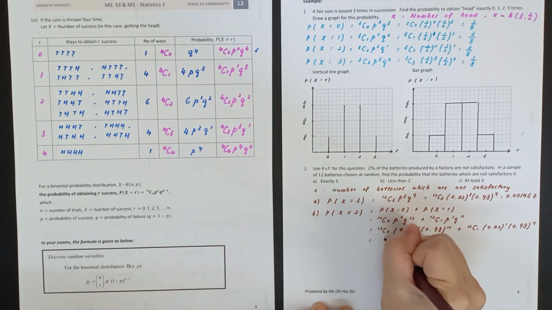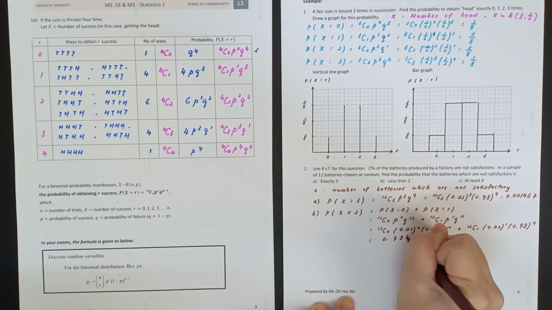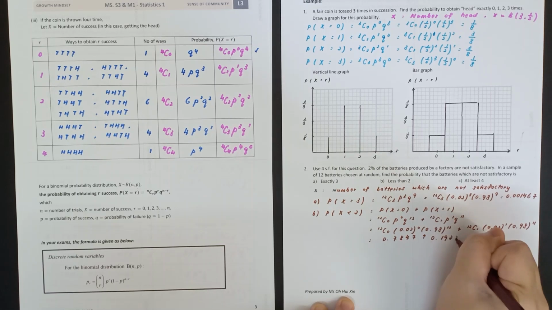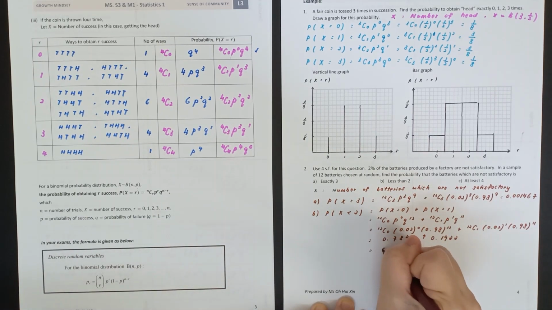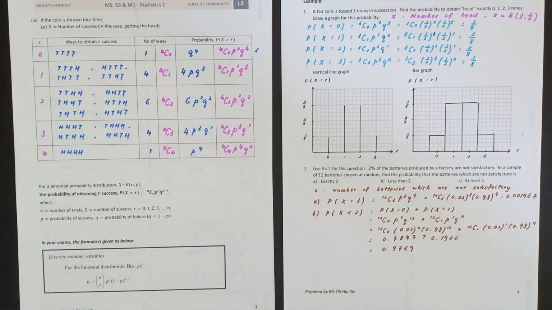From your calculator you will get 0.7847 plus 0.1922. We give the answer as 0.97969. So that is for x smaller than 2.